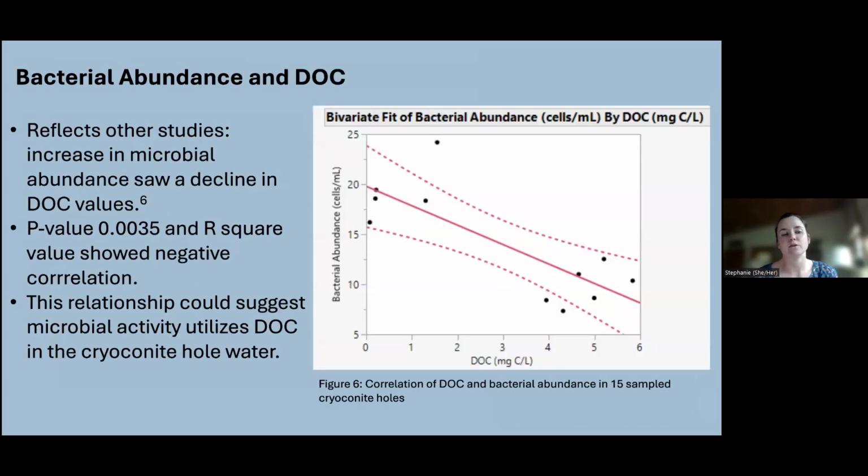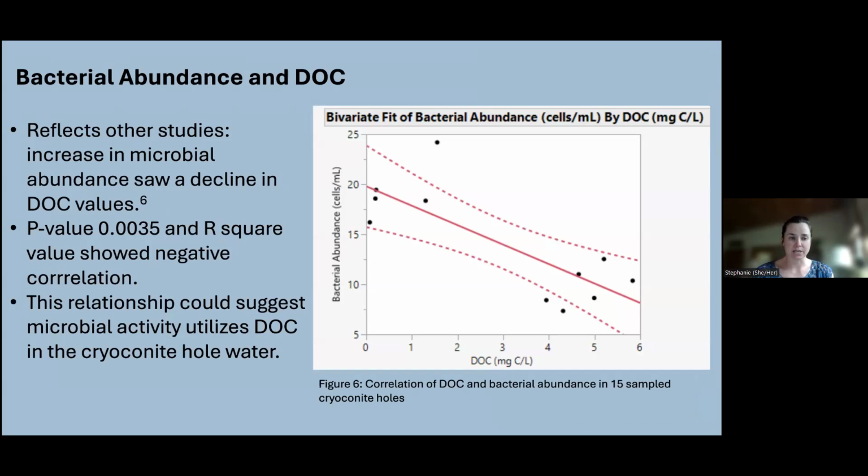I didn't find any correlation between any of the physical data that I collected: pH, temperature, size of the hole, depth of the sediment, and bacterial abundance. However, I did find a negative correlation between bacterial abundance and the DOC.